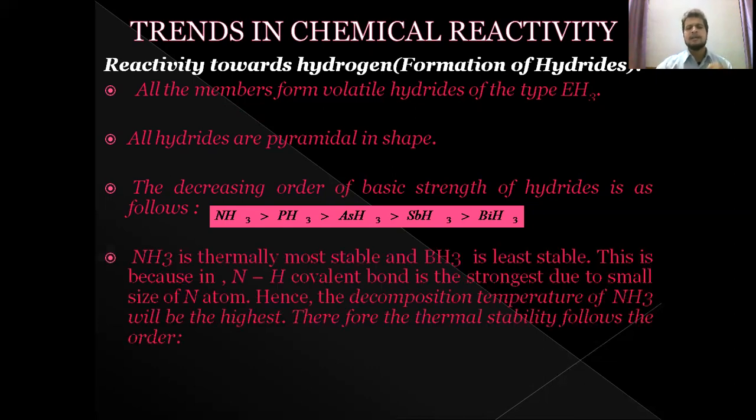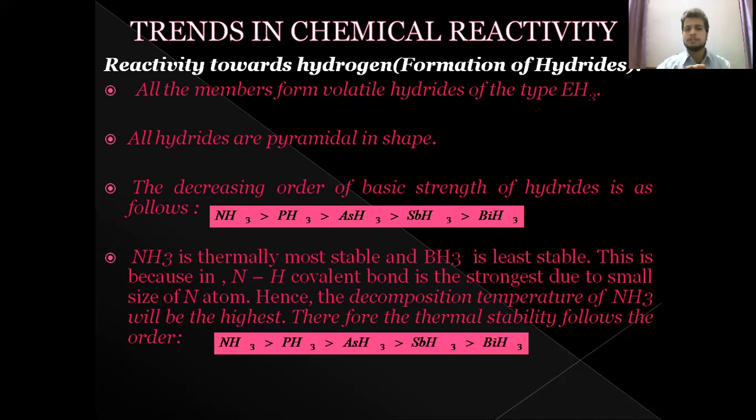Coming to the next, NH3 is thermally most stable. If you compare thermal stability, meaning which can resist more heat, remember that ammonia is the most stable. If I take all these 5 hydrides and heat them, ammonia will be the most stable and bismuth hydride will be the least stable. Now the question is, why is bismuth hydride least stable?